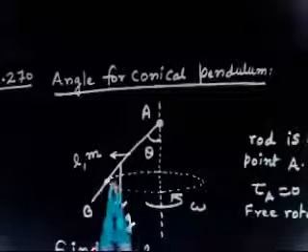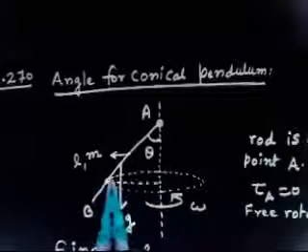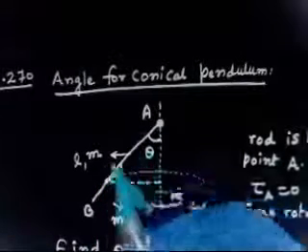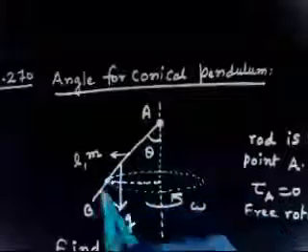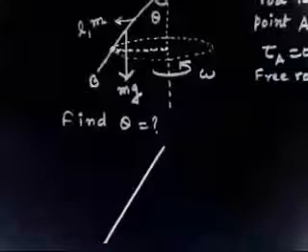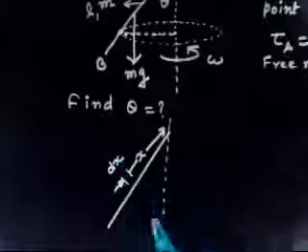Because any point is moving in this circle, let us say this length is x. So if I consider a dx part, I can make another diagram. You can use the same diagram if you wish. Let us consider at length x a small part of the rod, that is dx.